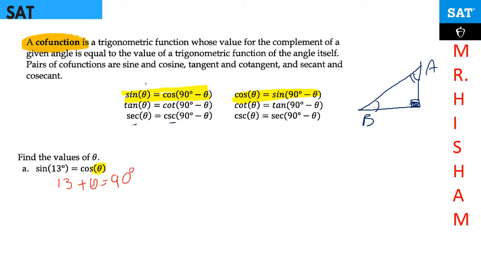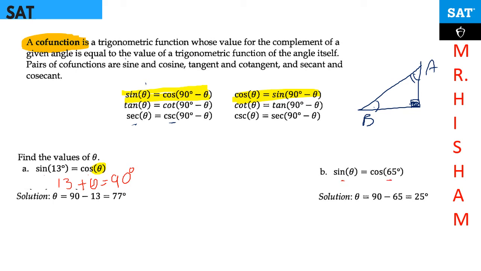So the measure of angle theta here is 77. Another example: sine of theta is equal to cosine 65. So for sure, 65 plus theta is equal to 90, so the measure of angle theta is 25.